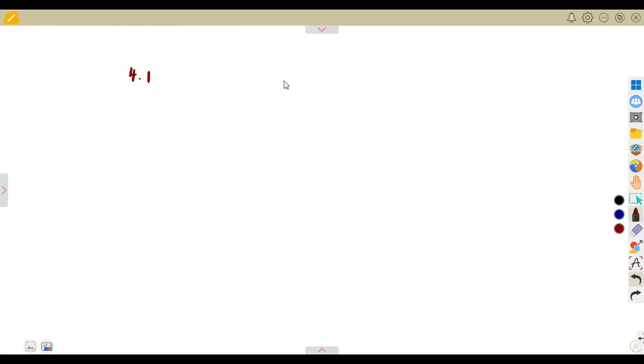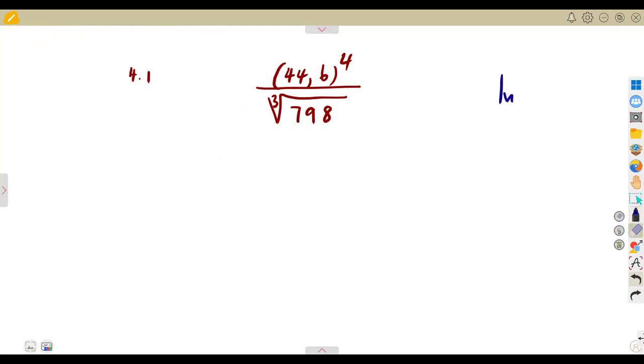We are given 44,6 to the exponent of 4. Everything is being affected by the cube root of 798. Remember, I said you can use the logarithms directly, or you can use the ln, which is the Neperian logarithm.